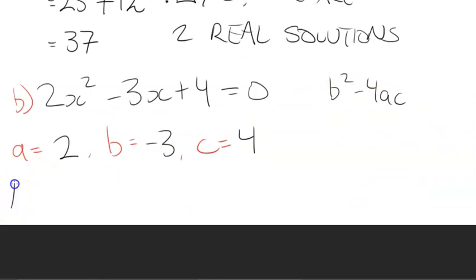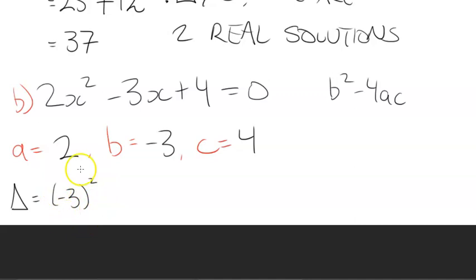So the discriminant is equal to b squared, so negative 3 squared. I've put the negative 3 in brackets to indicate that the negative is also being included. Whenever you get the first part within the discriminant, this part will always be positive, whether you start with a negative or a positive number.